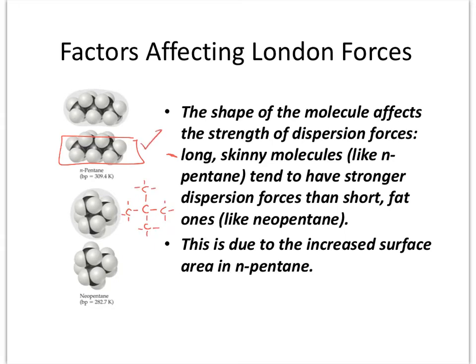So this one would have stronger intermolecular forces because it has a greater surface area. Long, skinny molecules tend to have stronger intermolecular forces because they can align on top of each other and have more places for interactions to occur. Whereas when they're bunched up like this as an isomer, there's only so many points of contact you can have.